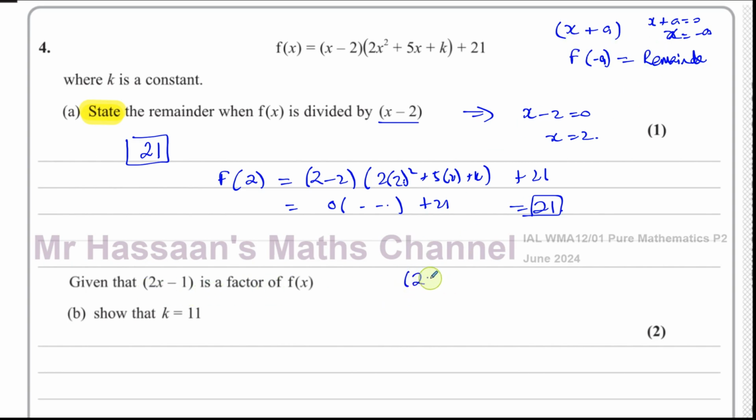If 2x minus 1 is a factor, then what makes this 0? 2x minus 1 equals 0, x equals 1 over 2.